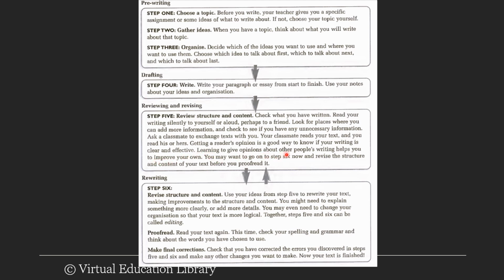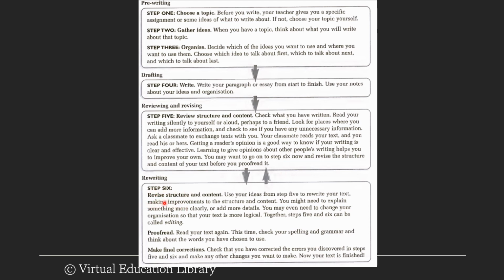Learning to give opinions about other people's writing helps you to improve your own. You may want to go on to step 6 now and revise the structure and content of your text before you proofread it. Now, if you have exchanged your text with someone or asked someone to give you feedback, then on the basis of that feedback and comments, you need to rewrite it.